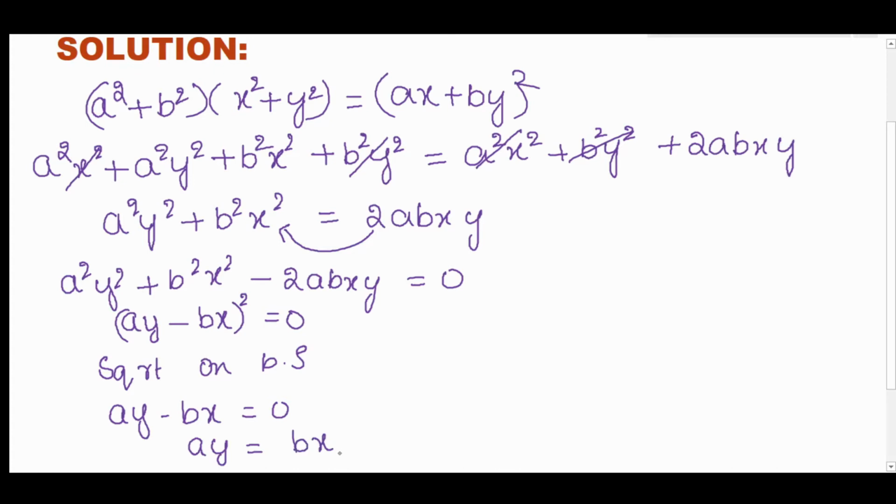Now what I need to prove in the question? I need to prove a by x is equal to b by y. Now let's see here. I'm bringing x down here, and you get b divided by y. And this is what we need to prove.